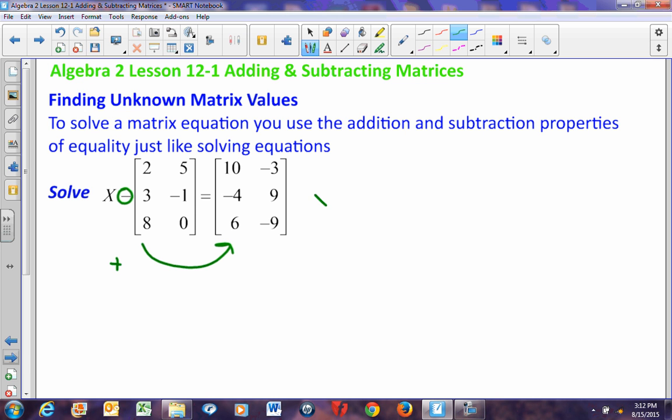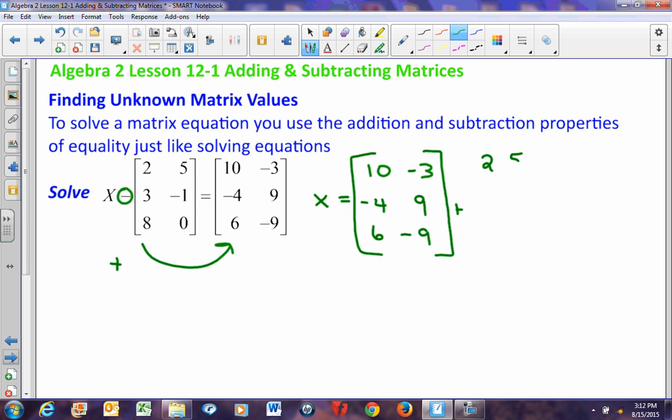Okay? x would equal [10, -3, -4; 9, 6, -9]. That's the original matrix that's on the right side of the equal sign. And we're going to take that and we're going to add the matrix [2, 5, 3; -1, 8, 0].